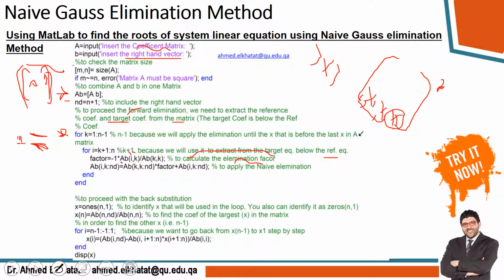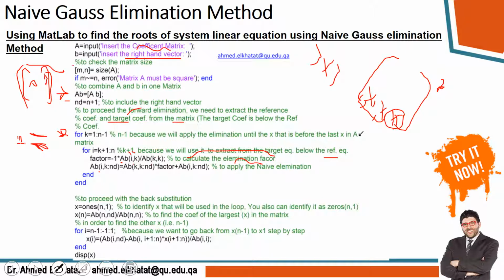Then here, for the matrix AB from I, this is the number, because now I want to apply the coefficient.